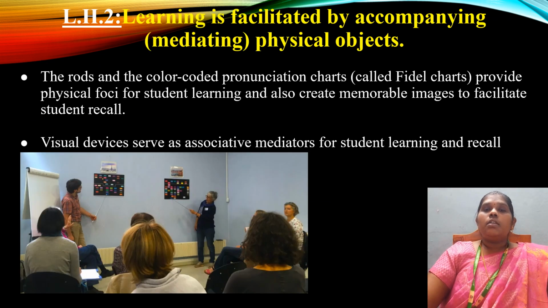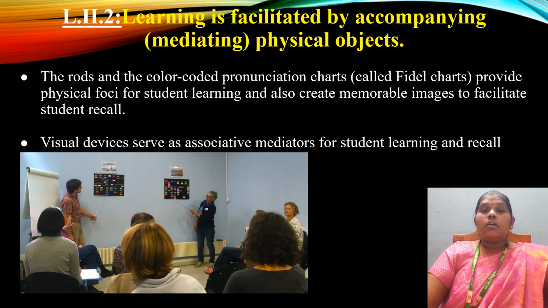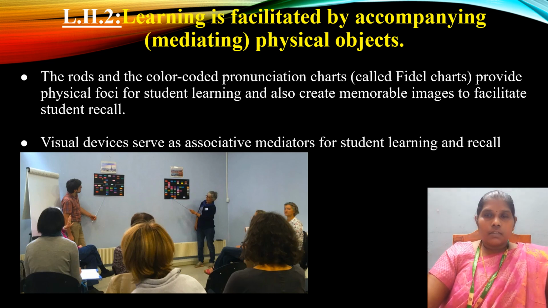And the second one is about learning being facilitated by accompanying or mediating physical objects. As I said earlier, in the Silent Way we will be using color-coded charts, that is the Fidel charts, as well as Cuisenaire rods, which the learners handle in their hands, where it is the physical focus.